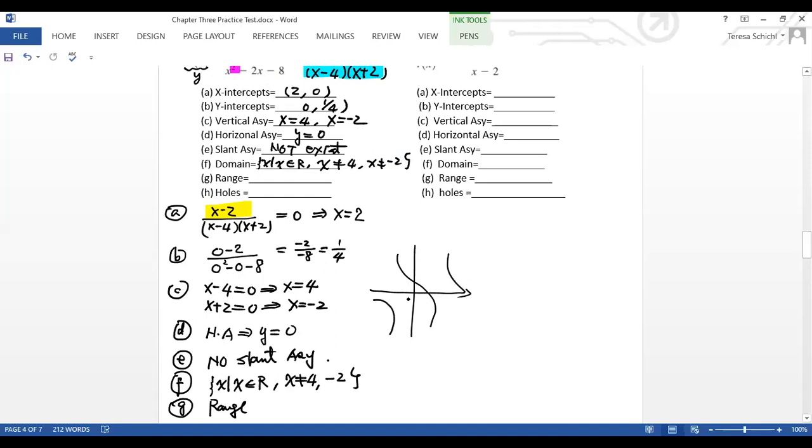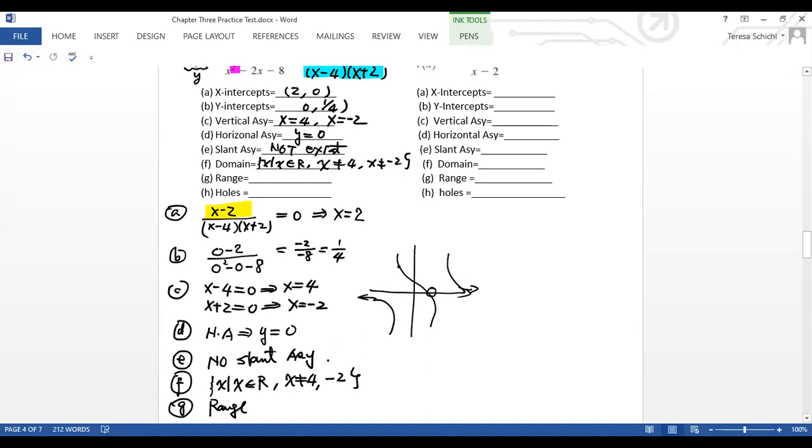And here the vertical asymptote x equal to 4 touches the 4. And the horizontal asymptote, these two legs, are not going to touch the y-axis.